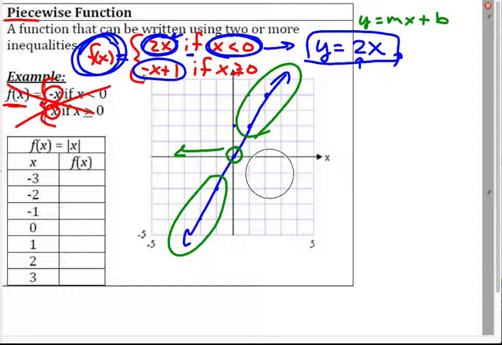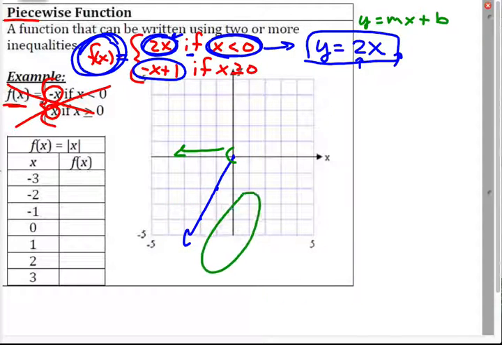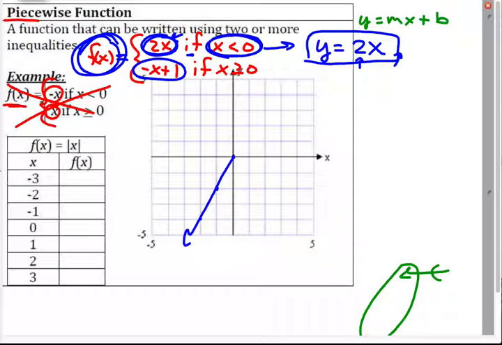So I don't want this upper portion of the line. I do want the lower portion. Now, it is less than up there, not less than or equal to, so I'm going to put a little circle there. It's open. That's not really part of the graph. It's where it starts. So that's y equals 2x.